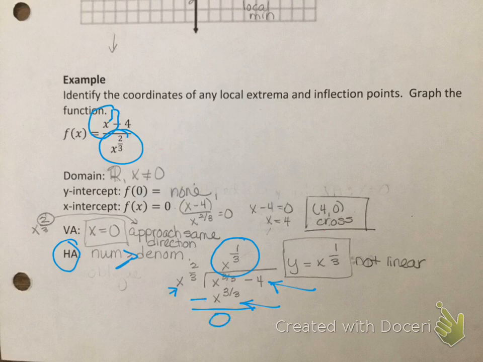Subtracting here gives me a 0. And please recall that x to the 2/3 will not go into a -4 when I bring that down, so this is my asymptote. It's not linear. We have an asymptote that is a cube root.